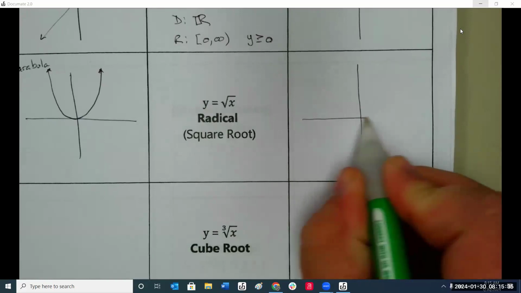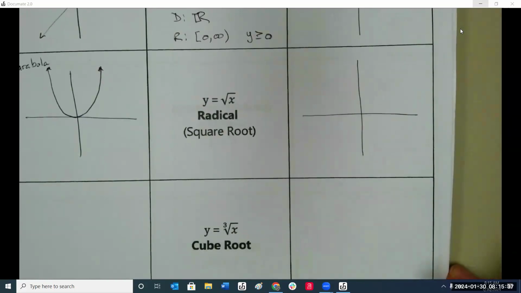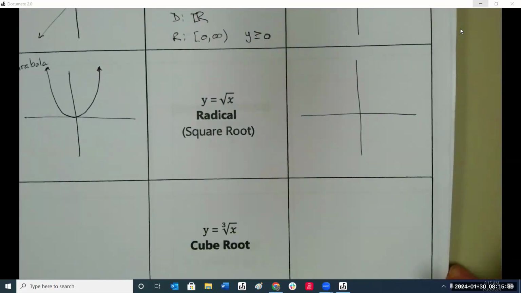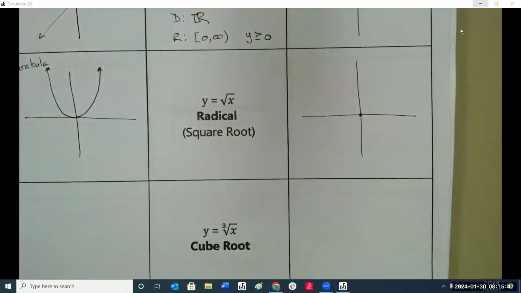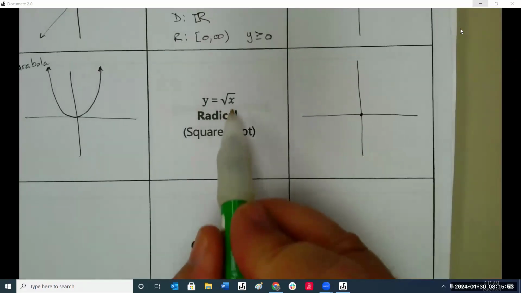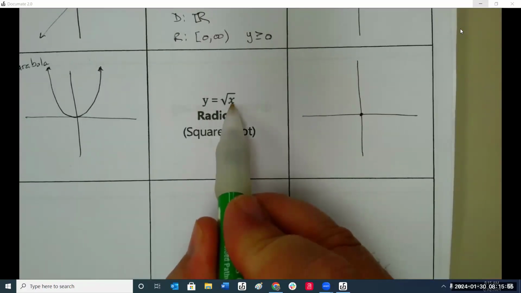The radical function, square root. Very good. At 0, if you don't remember what these were, you always just plot some points. There are 3 questions you always have to ask yourself. Can x be negative? No. Can x be 0?